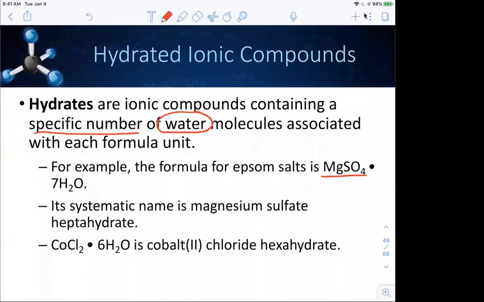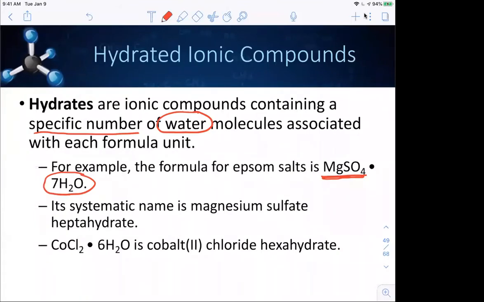And when that's hydrated, it actually recrystallizes into its lattice. But for every one formula unit, I have a specific number of water, which is 7, attached and incorporated into the crystal. So this is called Epsom salts, if you've ever heard of that before.